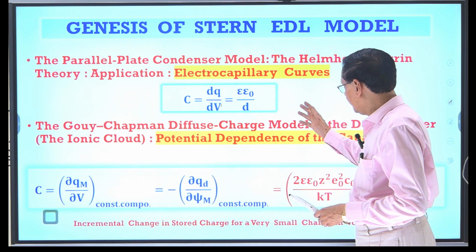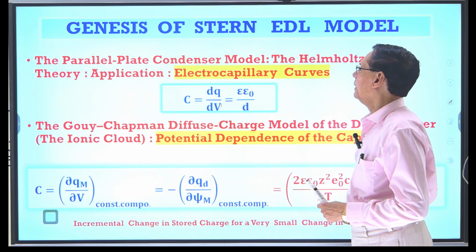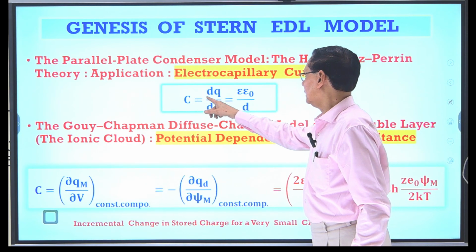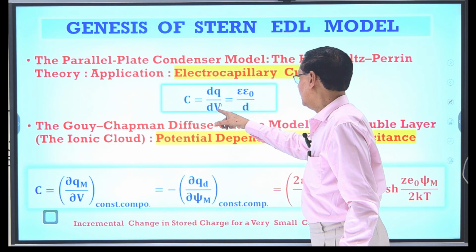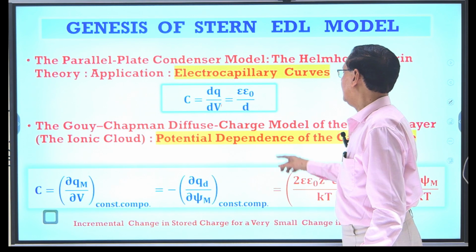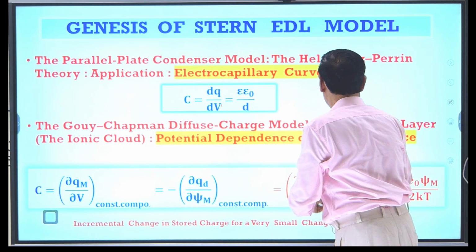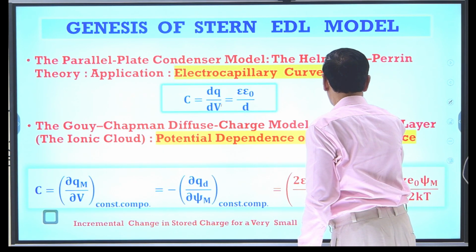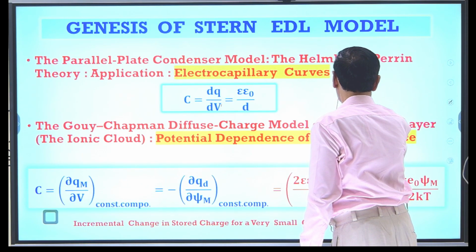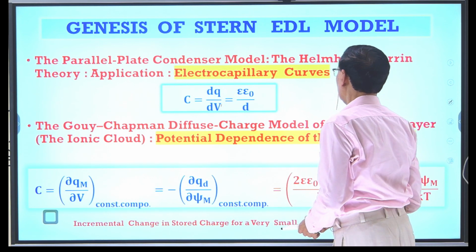The first model is the Helmholtz model, where the differential capacitance is dq divided by dv. It depends on the dielectric constant, and the distance between these two parallel plates is just like a condenser plate, positively charged, with distance d.